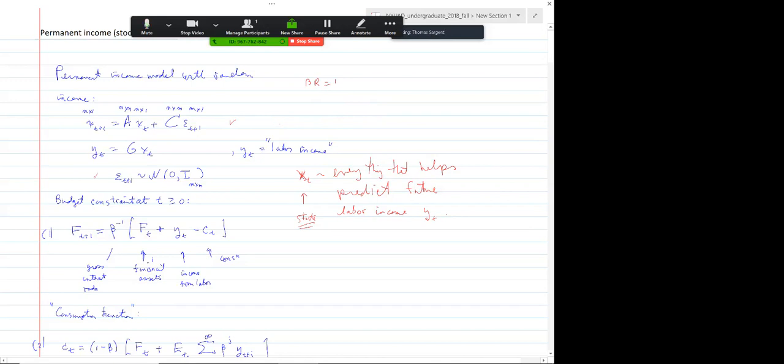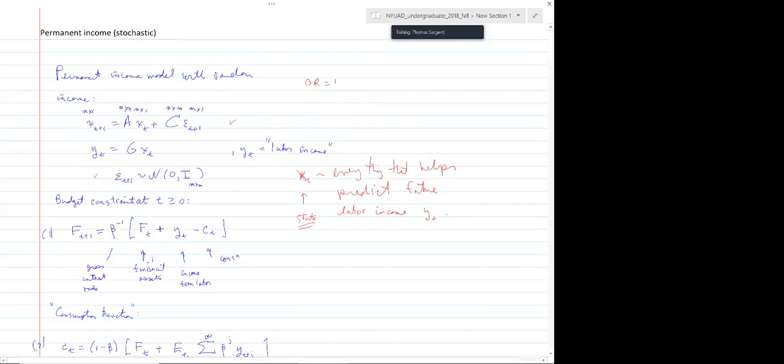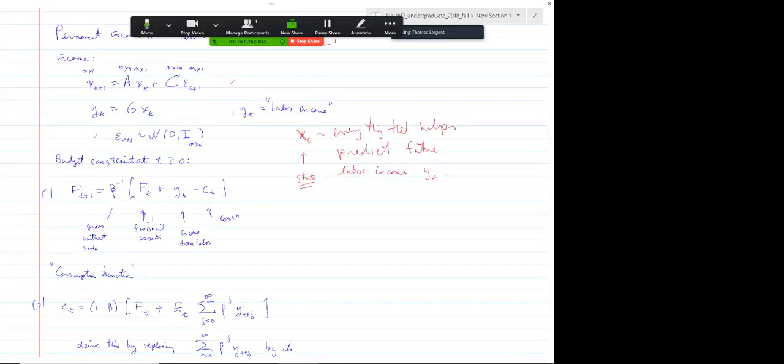Okay, so now that's our model for the person's income. The person's budget constraint, I'm going to write it this way. For some reason, instead of AT, I'm writing FT, because I want to be like Milton Friedman and call those financial assets.